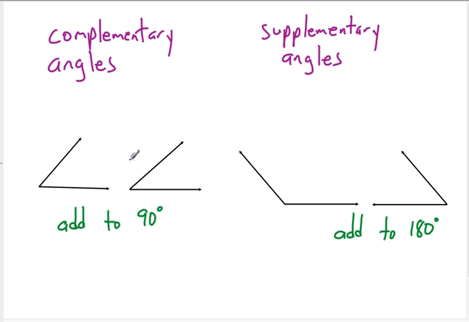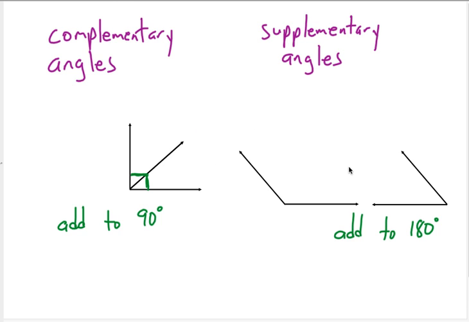So in this case, I have these two angles here, and if you were to move them around a little bit, so let's say we were to do this, you would see that when you add them together, their measurements are going to be 90 degrees, right? Because that's a right angle right there. So this angle measure plus this angle measure has to add up to 90 degrees.